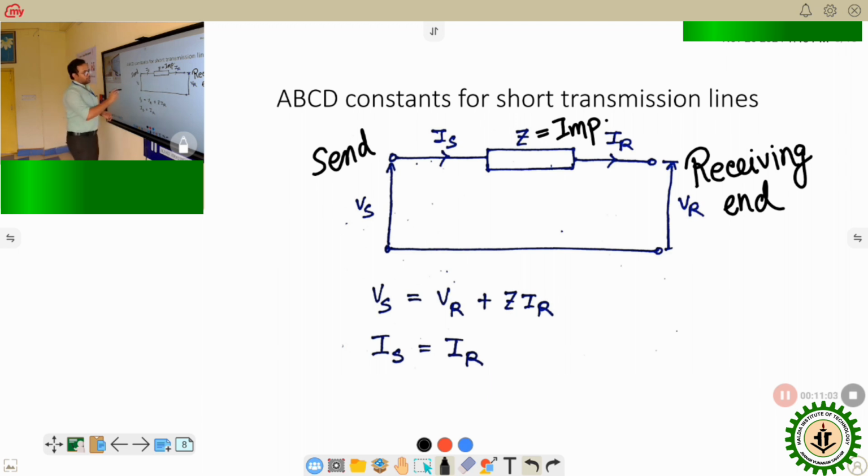Now, in this circuit, we can represent Vs as the summation of VR and the line voltage drop, which is given by Z into IR. And as it is a series circuit, we can say that Is is equal to IR.